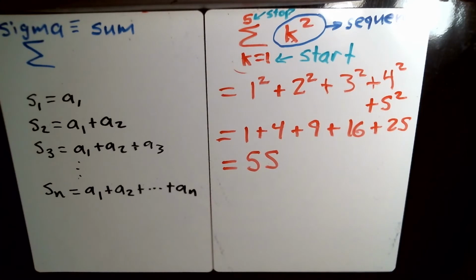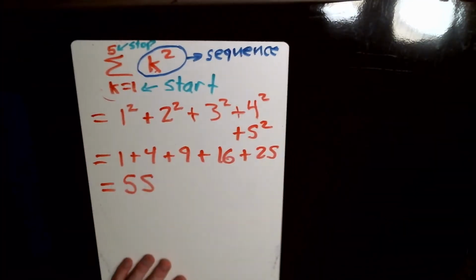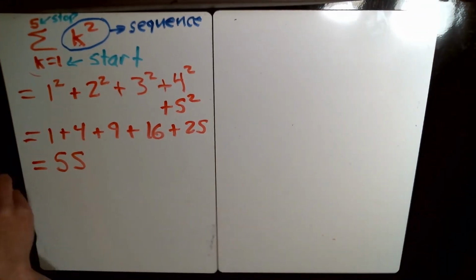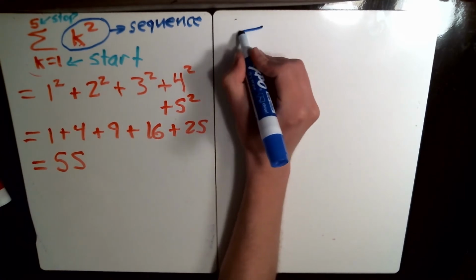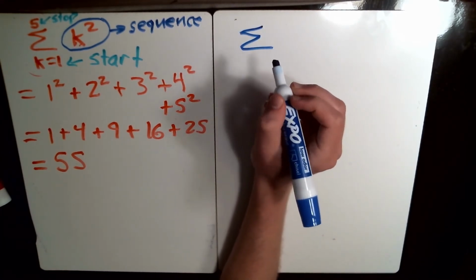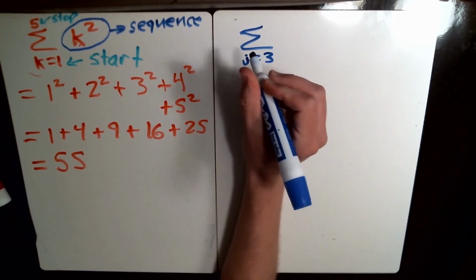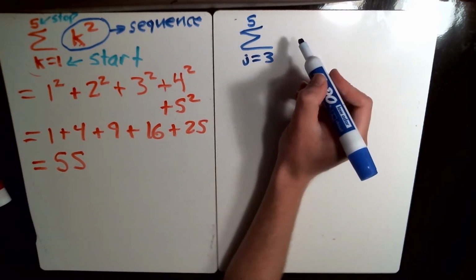Let's look at another example of this. Let's look at the sum from j equals 3. Remember, this is your start, up to 5, that's your stop.